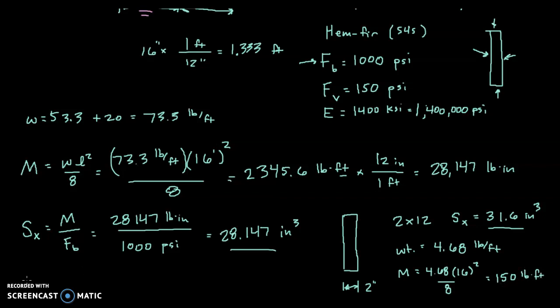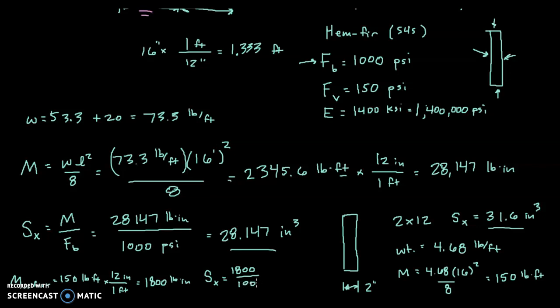Okay, so I'm going to need to convert that. So the moment from the self-weight was equal to 150 pound-feet. If I convert that to pound-inches, every 1 foot, there are 12 inches, and so 150 times 12 is 1,800 pound-inches.